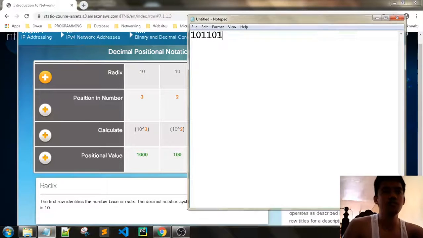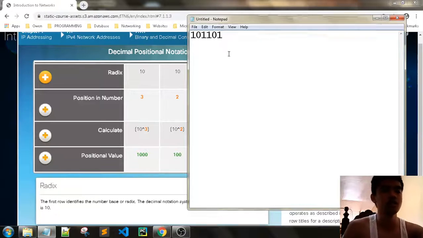For example, 1 plus 4 is 5, plus 8 is 13, plus 32 is 45. So the decimal value here is 45.